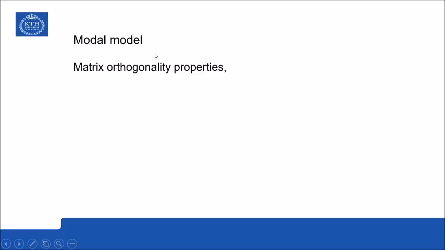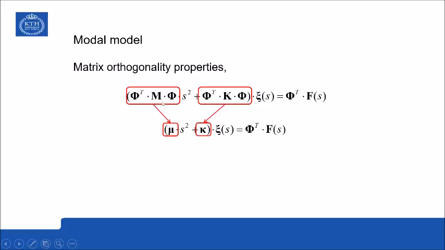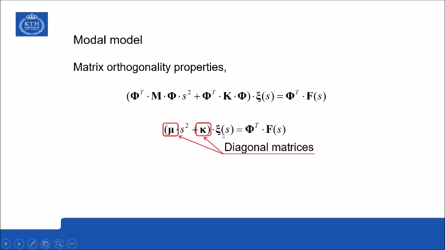Then we can use the matrix orthogonality properties. If we perform this matrix multiplication, we can see that the factor multiplying s square here we can call mu, and the factor multiplying xi we can call kappa. These are diagonal matrices because of the orthogonality properties.